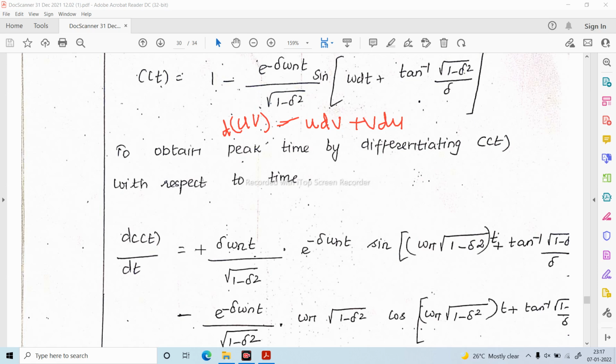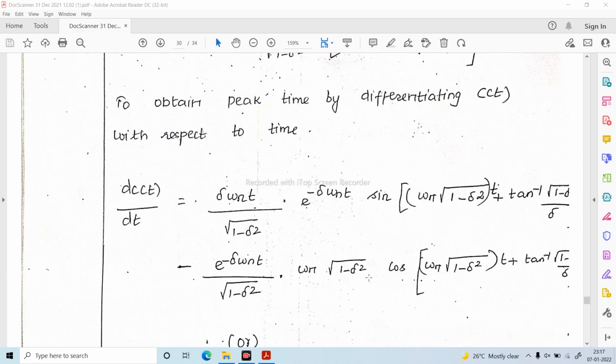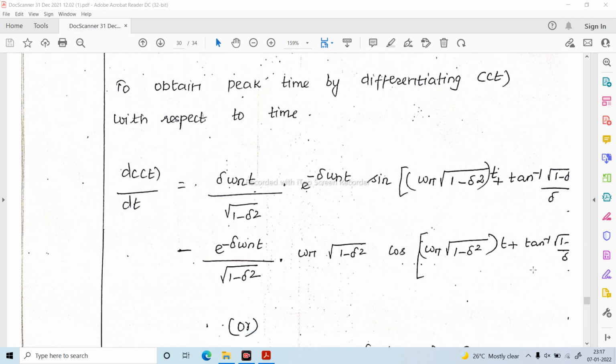Here already one minus is there, so both minus signs get cancelled, times sine of omega d t plus tan inverse square root of 1 minus delta square by delta. Next, minus e power minus delta omega n into t divided by square root of 1 minus delta square, unchanged. Then differentiate the sine term: that is cos of this, times the differentiation of the argument, which is omega n into square root of 1 minus delta square.